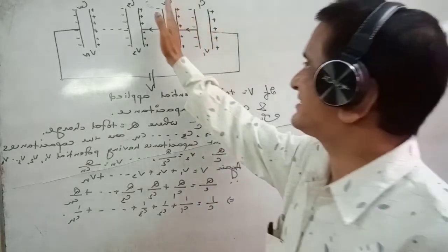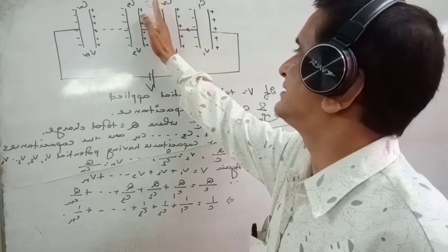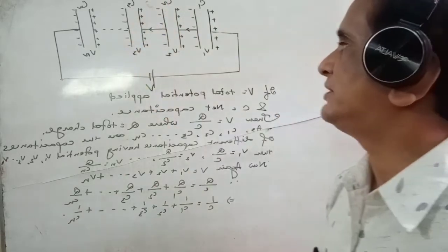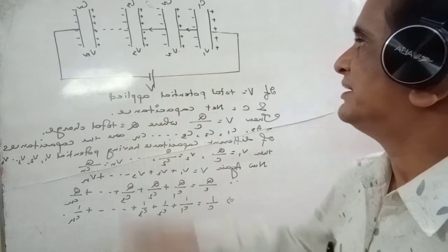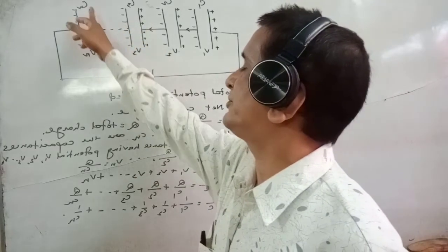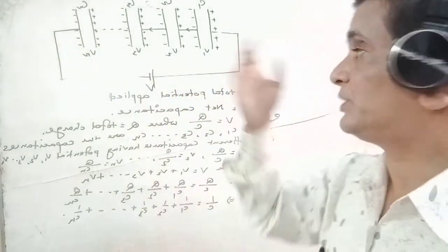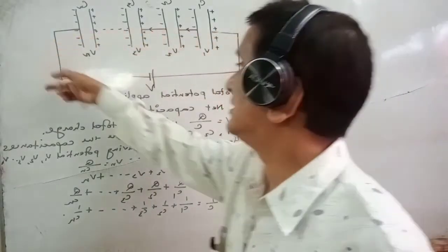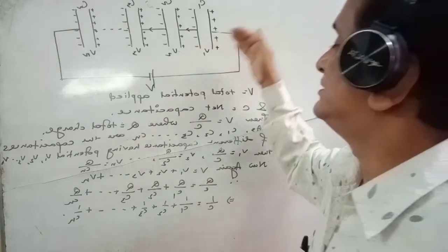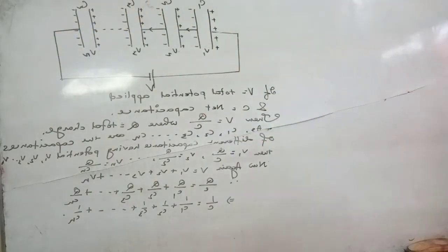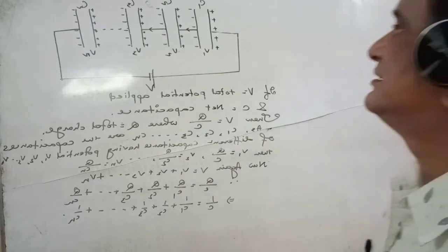And again the negative plate of the second one I have connected with the positive plate of the third one. In this way we have connected the n capacitors together. If it is connected in this way, where the charge remains constant, then you can say it is connected in series.